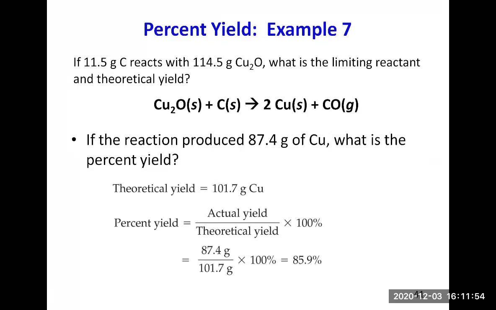So the percent yield means what you are actually producing is only 85.9% of what you should be theoretically able to produce from those amounts of reactant. You know that you rarely get the theoretical yield as an actual yield.